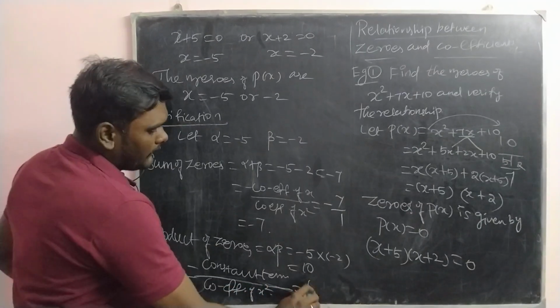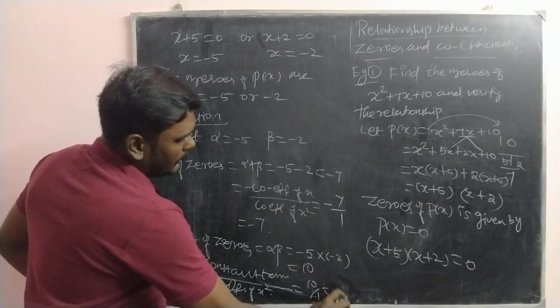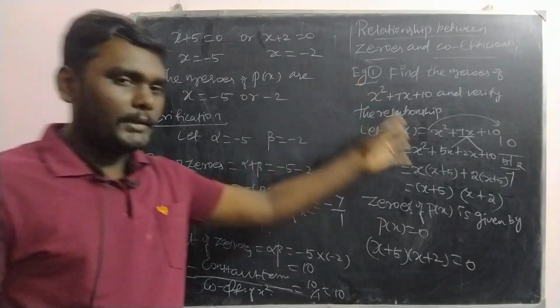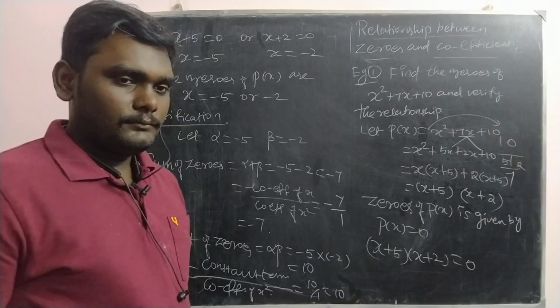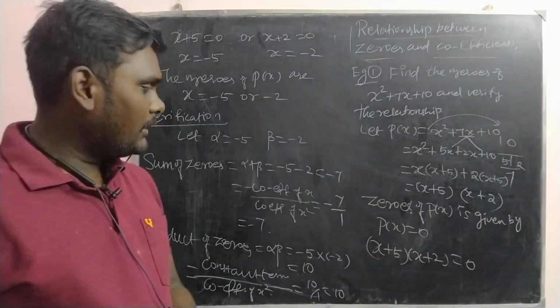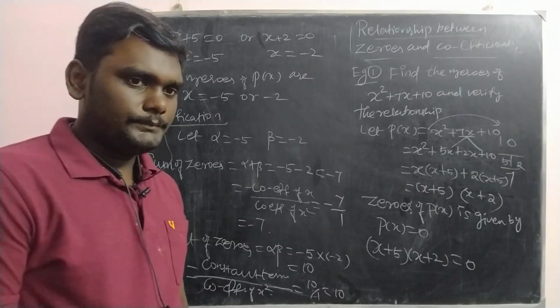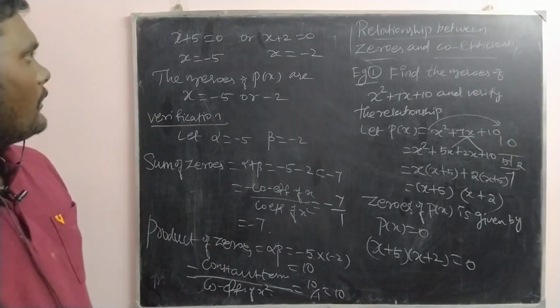So that is 10 by 1, nothing but 10. So these two are equal. That is it. This is the proper way of answering this question. Whenever you are solving a question, you should answer like this. Got it? Just finish writing, we'll move on to the next exam.